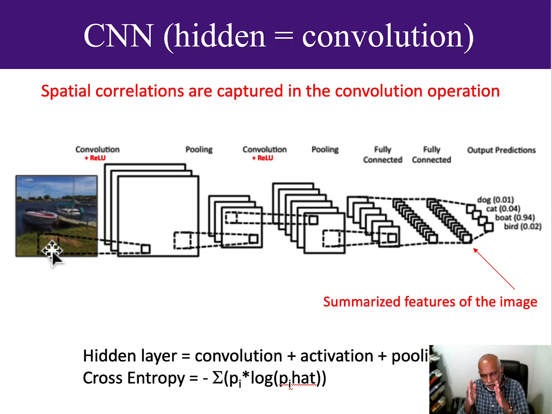As you scan, at every one pixel movement, you take the sum product of the kernel matrix values with respect to the pixel values of the image matrix. That will reduce the number of pixel values into another matrix like this.